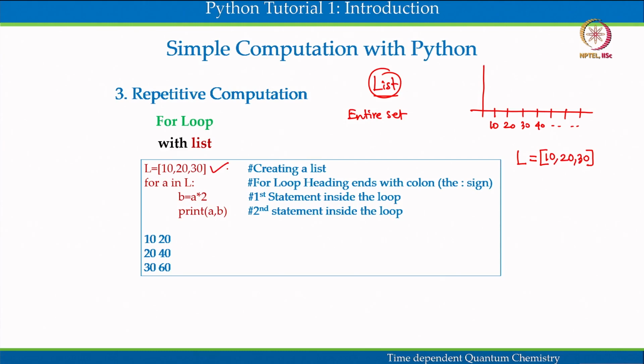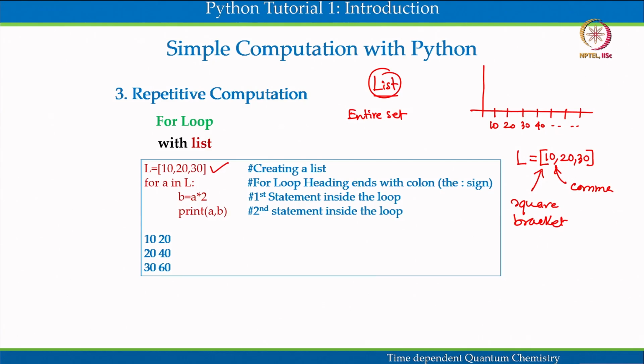Once we write it this way with a square bracket, each number in the list is separated by comma. That's the way you can prepare the list.